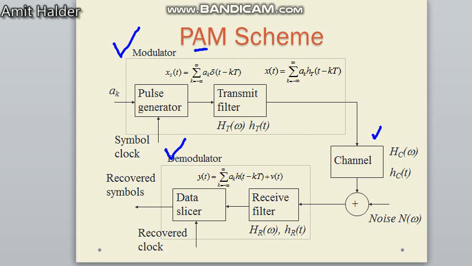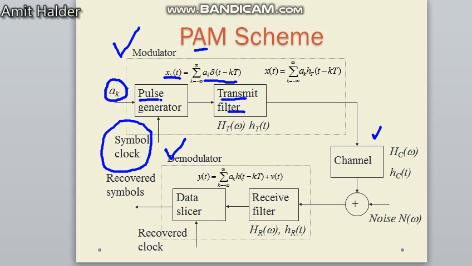So here you can see there is a pulse generator which gets the symbol clock, and the symbols that can be converted as binary numbers, that's a_k, and there's the sampling method, as you know from the sampling theorem. So the summation of a_k delta(t - kT), that means the unit impulse functions are there, and the transmit filter is just to filter the pulses and give them a boost and make a good signal to transmit.